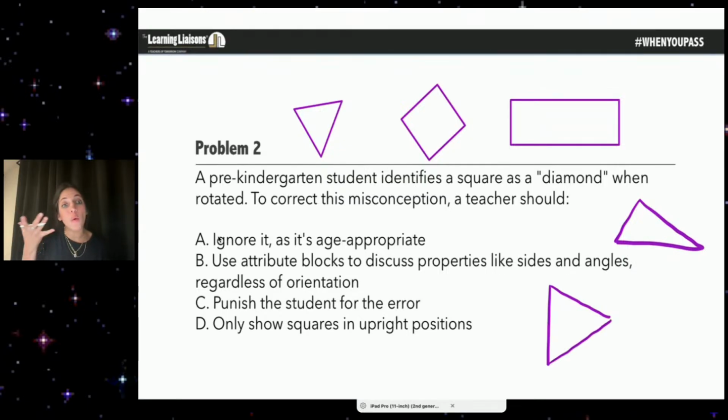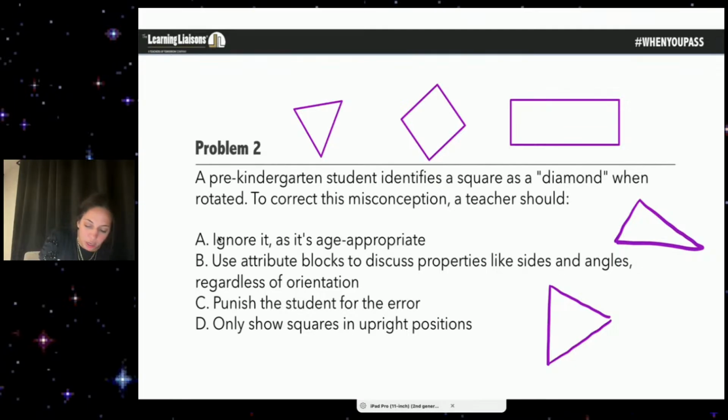And so when we always present a shape in the same format, then it throws students off and they don't identify shapes based on their attributes. They identify shapes based on the way they look.